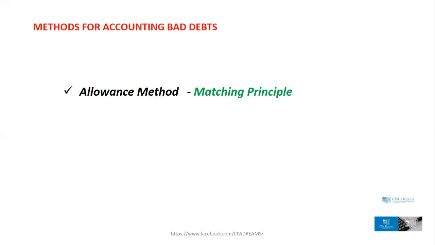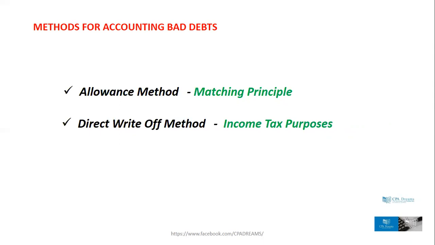We have the allowance method. This one requires recognition of bad debt loss if the accounts are doubtful in collection. This is in accordance with GAAP, the generally accepted accounting principles. That means it is directly related to your sales, so there is a matching principle, and we will be able to measure properly the net realizable value of accounts receivable.